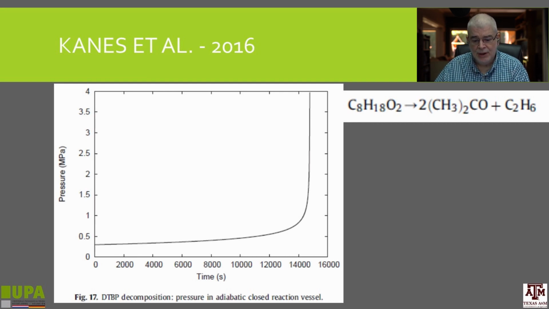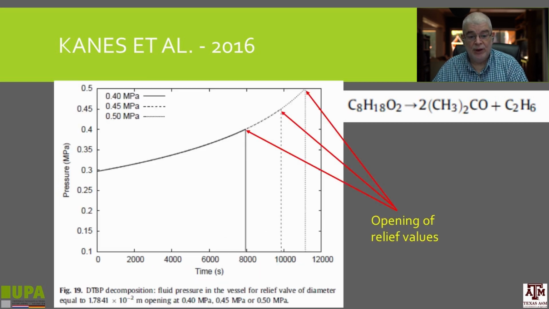This simulation was compared to experimental data, with very nearly perfect agreement. And here is a simulation of what happens when you have a relief valve in your system. The relief valve opens, and here we have examples of 3 situations, opening at 0.4 megapascal, 0.45 and 0.5.